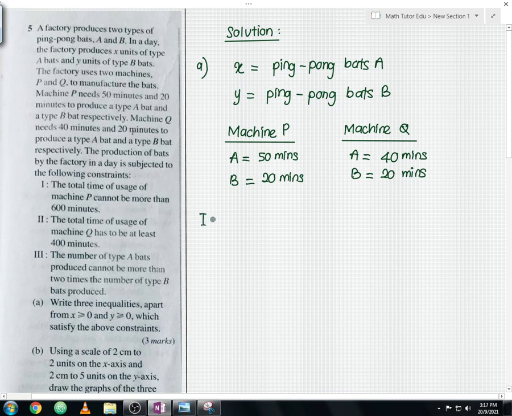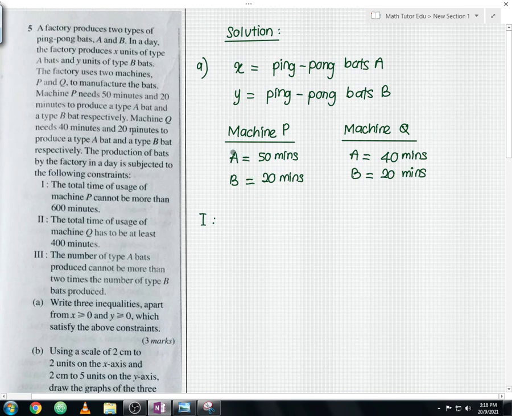Constraint 1 mentioned that the total time of usage of machine P cannot be more than 600 minutes. So for machine P, you just include them.